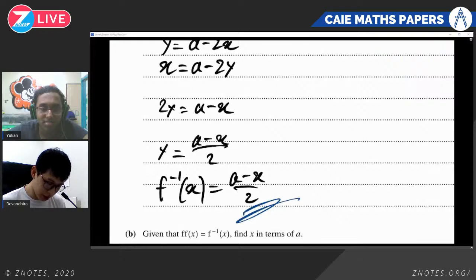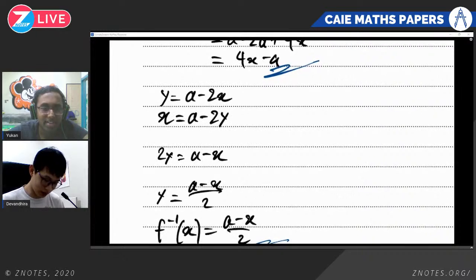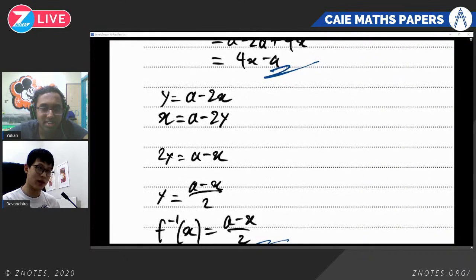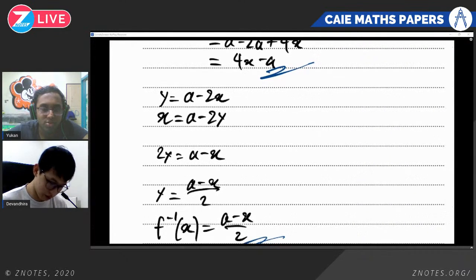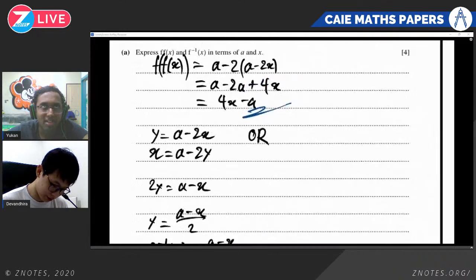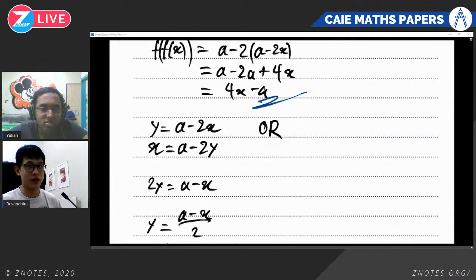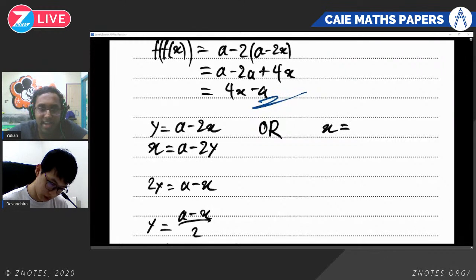And we're done. Though I think you can do this quicker, right? What's your method? Yeah, you can just swap your f of x and x straight away. You don't have to use y. And to those of you confused as to why we're swapping y and x, or f of x and x, it's because the inverse is flipped on the line y equals x.